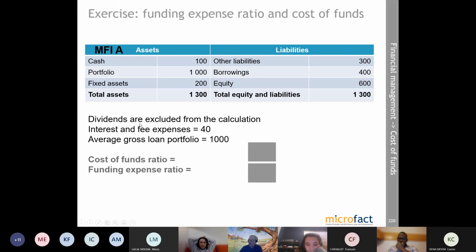There are no dividends. The interest and the fee expenses on the profit and loss side are 40, and the average gross loan portfolio here, as you can see, is 1,000. We don't have fluctuations. So my question: calculate the cost of funds and the funding expense ratio. And if you know the answer, you can put it in the chat.